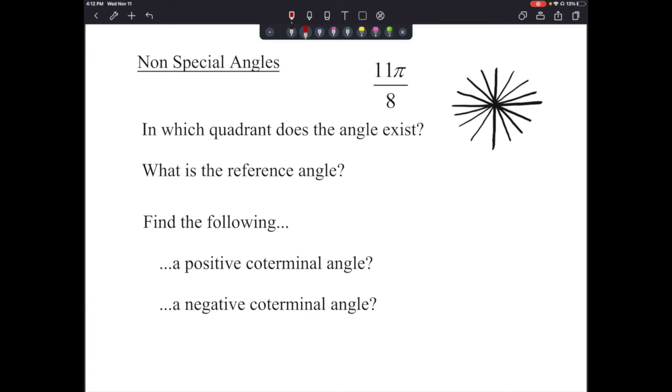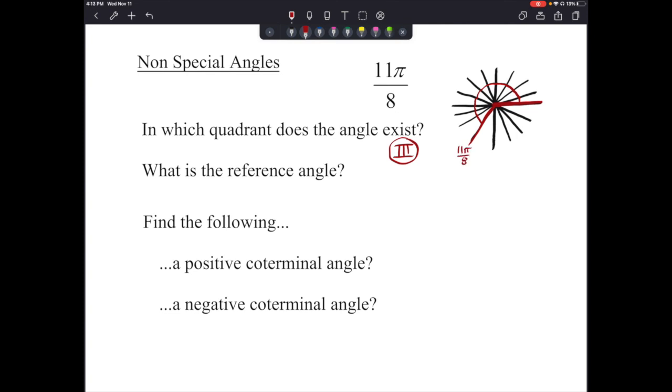So if we count it up here, we've got 1, 2, 3, 4, 5, 6, 7, 8, 9, 10, 11. So this is the angle. If we were asked to draw it, that's where it's going to be. Okay, so what quadrant are we in? We're in quadrant 3. Okay, so this is our 11 pi over 8.